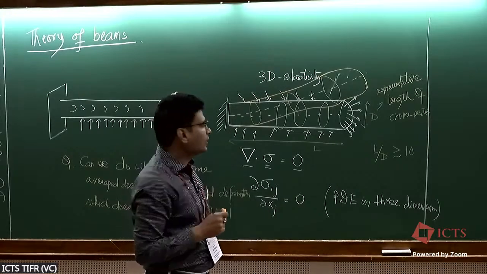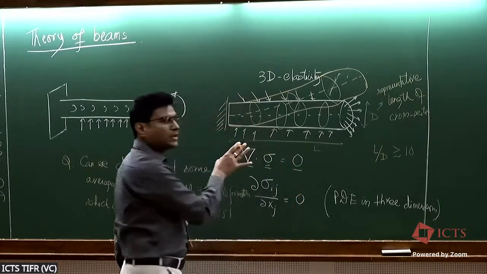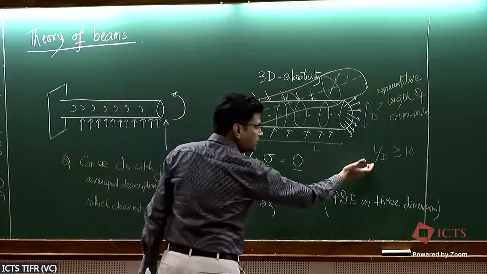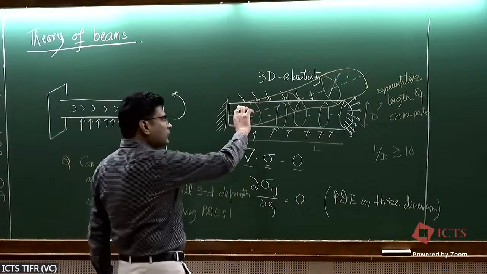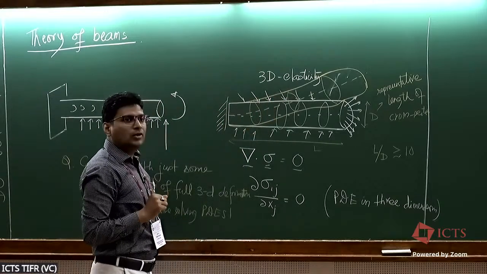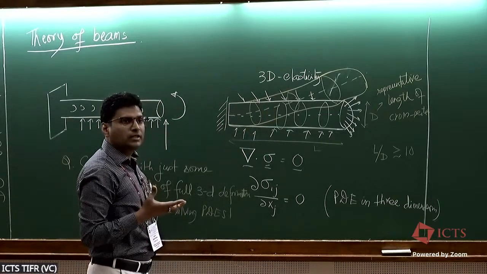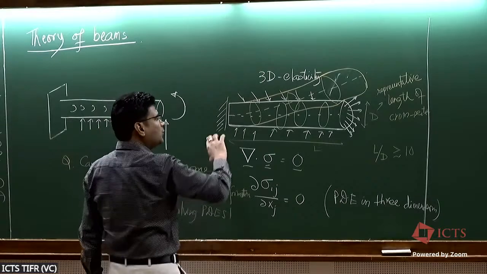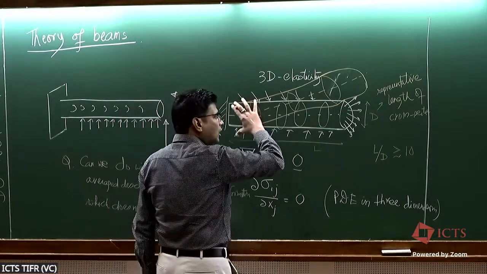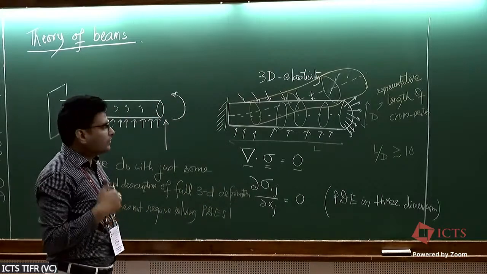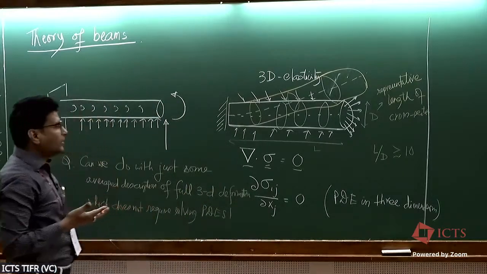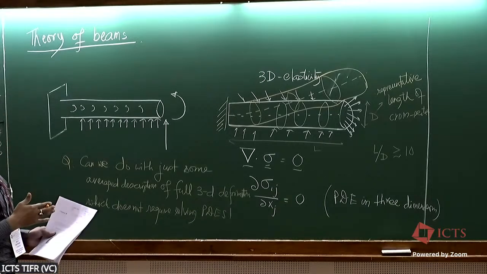So it turns out when you have a beam-like structure, where L by D is of this order, then the cross-sectional deformations are not so significant compared to the overall deformation along the center line. And so that's where the beam theory comes into picture.